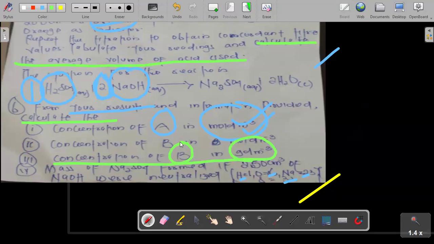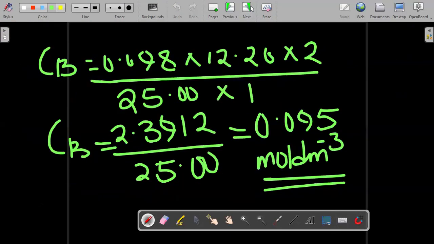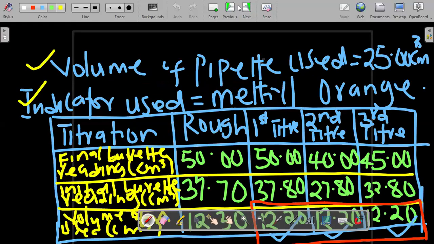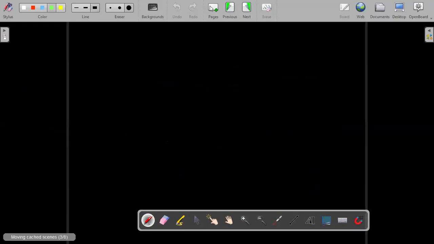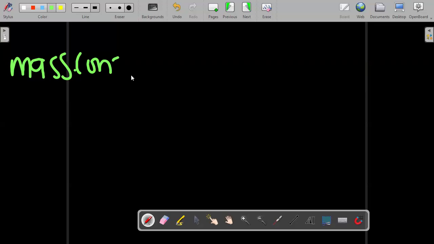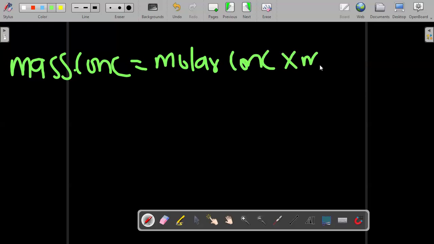So how do we calculate concentration in grams per dm cube? It has a mathematical relation. The mathematical relation states that mass concentration, which is the concentration in grams per dm cube, is equal to molar concentration times molar mass.